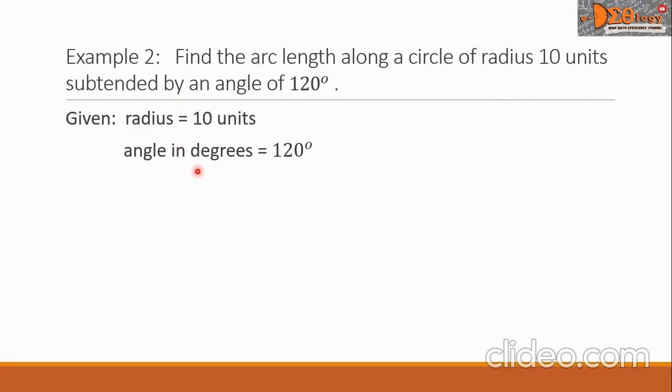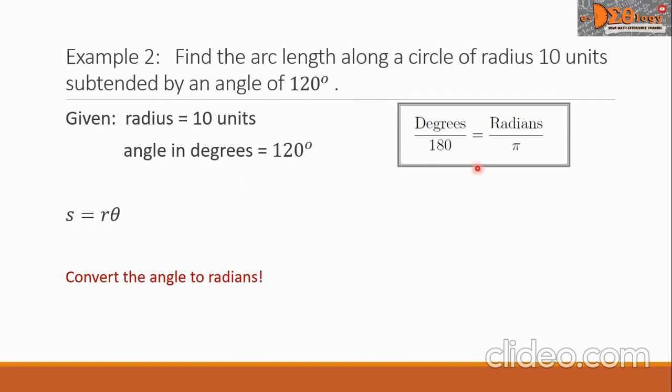The angle is given in degrees, that is 120 degrees. The formula is S equals R times theta. But we must convert this angle as expressed in degrees into radians. The conversion formula is here from degrees to radians.